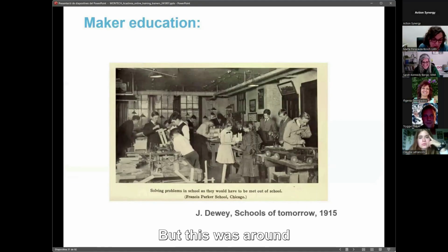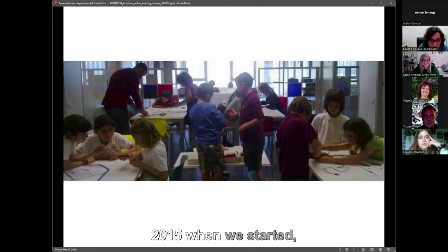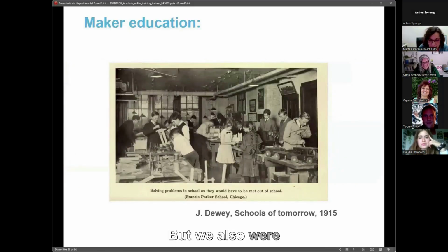But this was around 2015 when we started. We started a little before, but we were also absorbing all the theoretical background, and we found this John Dewey book, Schools of Tomorrow, from 100 years before, and it's just what he was proposing.